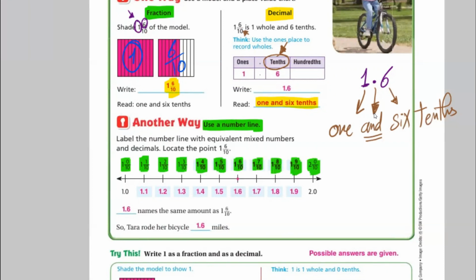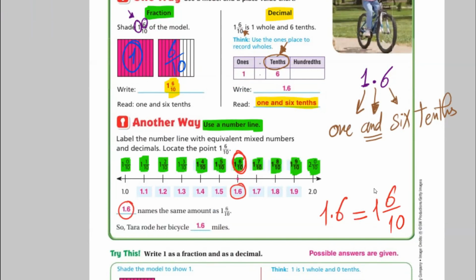Now, after that, let's see. 1 and 6 over 10, that's our number, right? What is it equivalent to? It is 1.6. So we can say 1.6 is equivalent to 1 and 6 over 10.